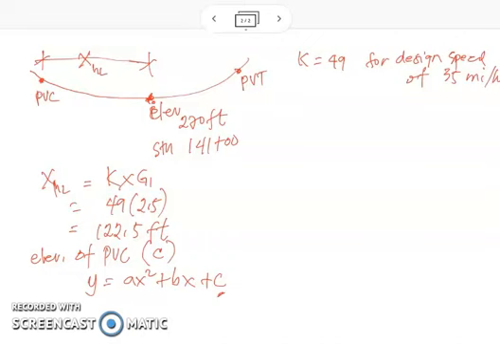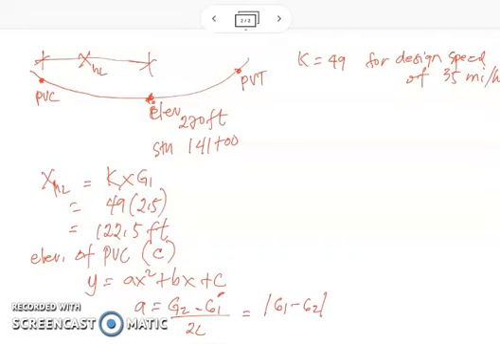So therefore, our A here, from the equation, is G sub 2 minus G sub 1 all over 2L. You have to take note that G sub 2 minus G sub 1 is also equivalent to the absolute value of G sub 1 minus G sub 2.